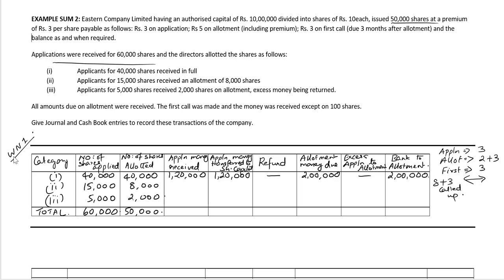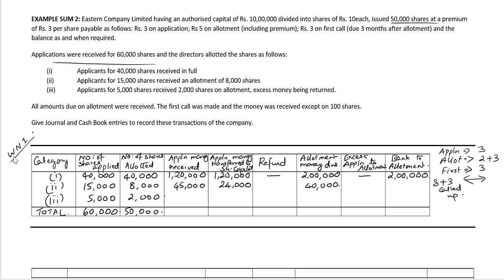We'll move on to the second category. Application money received, 15,000 shares applied for multiplied by 3 rupees per share is rupees 45,000. Application money transferred to share capital, 8,000 shares allotted multiplied by 3 rupees per share, 24,000 rupees. We'll come back to the refund column. Allotment money due, 8,000 shares allotted multiplied by 5 rupees per share due on allotment, 40,000 rupees.